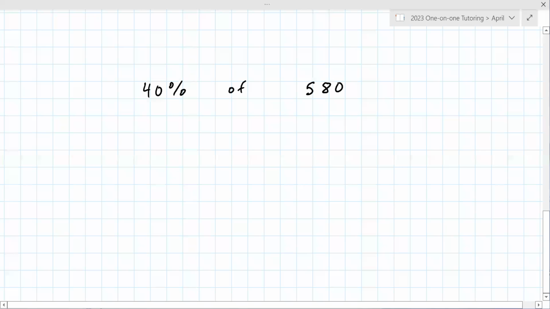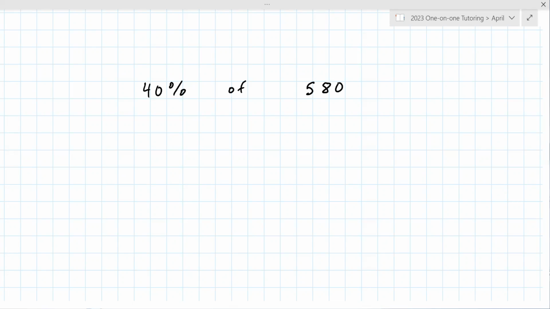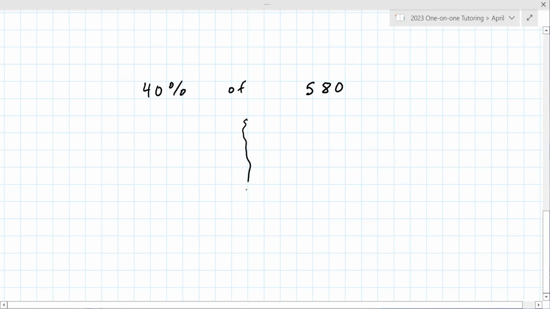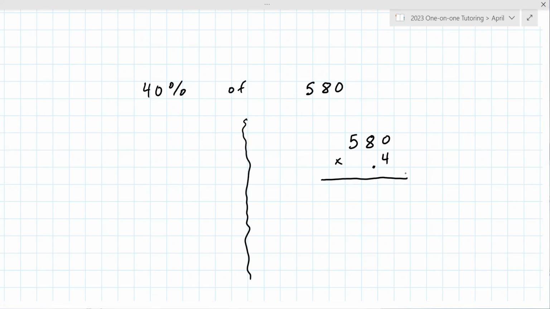So 40% of 500. Oh, wait. Yeah, so you're either multiplying by 0.4 or... Like 23.2. Or did I do the decimal wrong? This one's a nice number, meaning there's no decimals. It just comes out really nice.